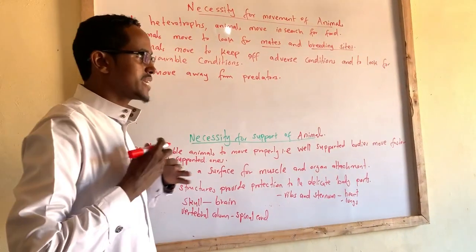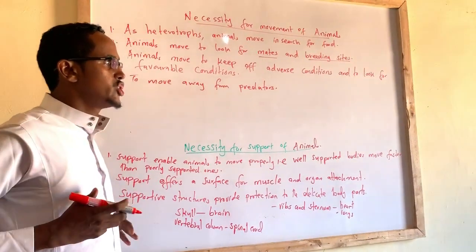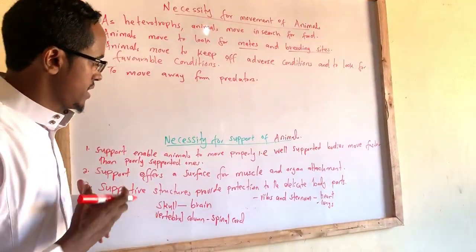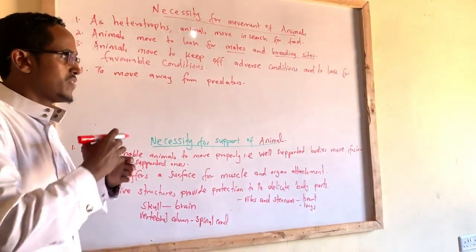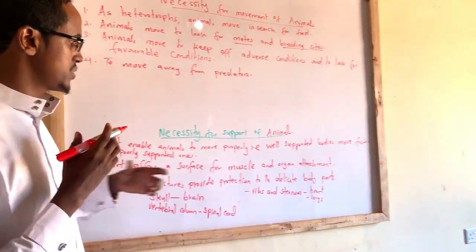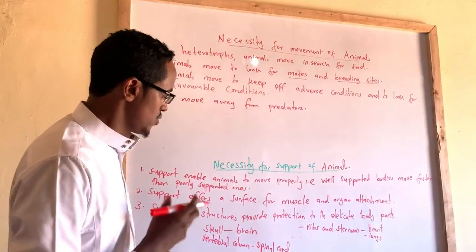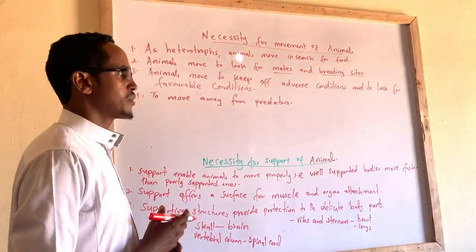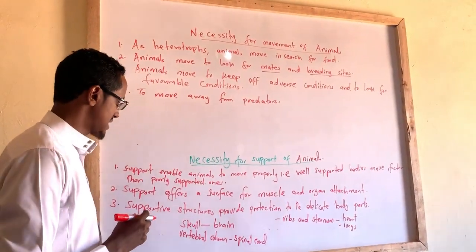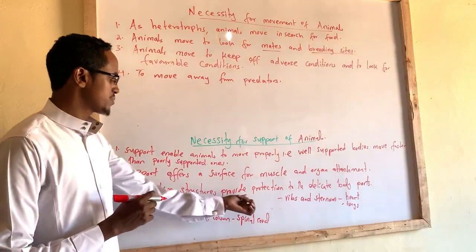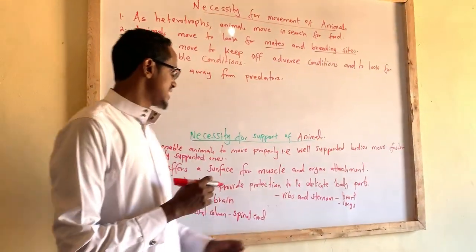The rib cage protects the lungs. The heart is found within the chest cavity in between the 2 lungs, and therefore it is protected by the ribs and so on. So that's why they say supportive structures provide protection to the delicate body parts.